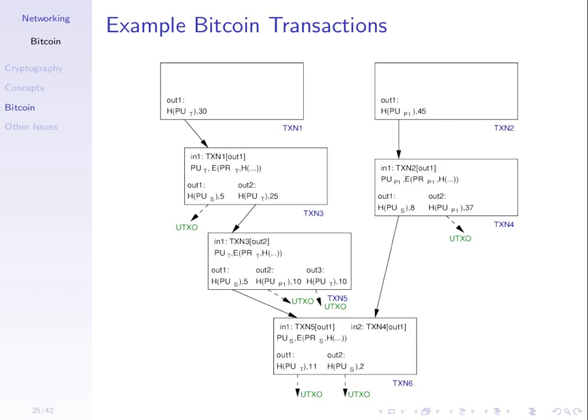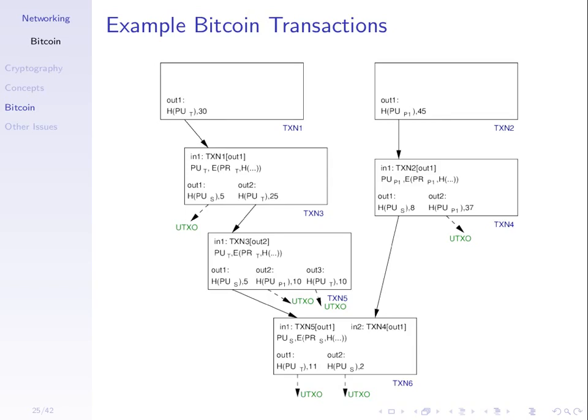Each transaction you can have, I don't know if there's a limit on the number of inputs and outputs, but you can have multiple. Normally just one input, one output. But you can have multiple inputs. Maybe the software has a limit, based on the data structure, on the number of inputs and outputs, but typically you have multiple.